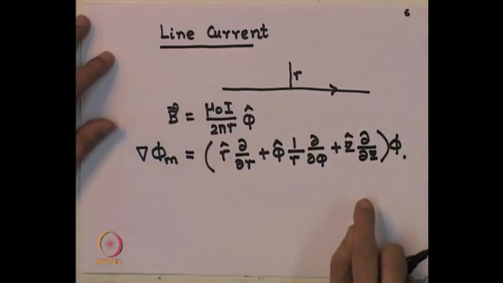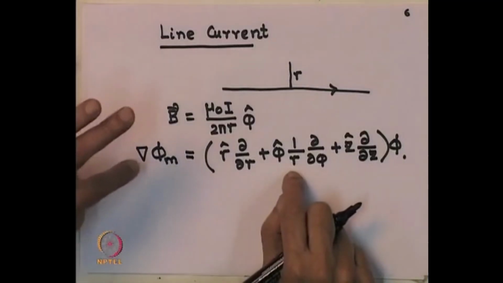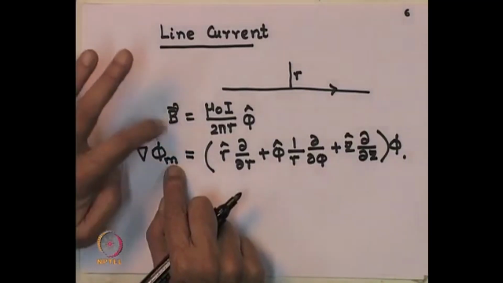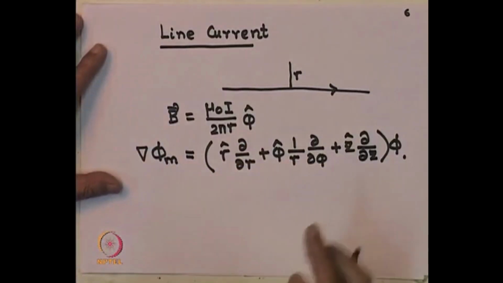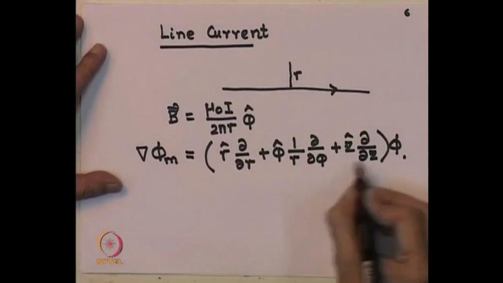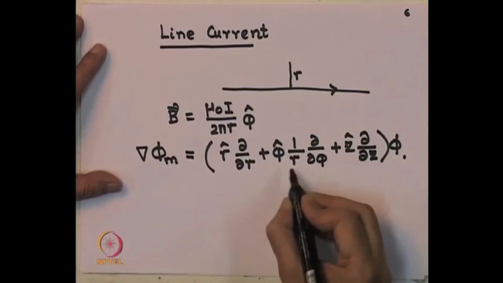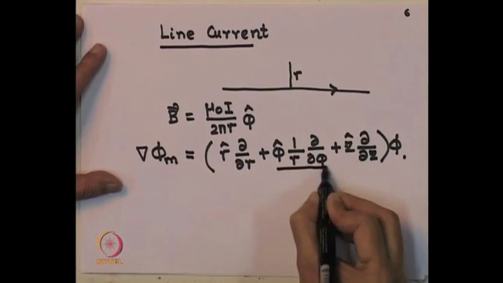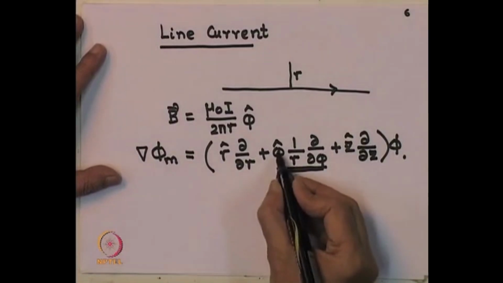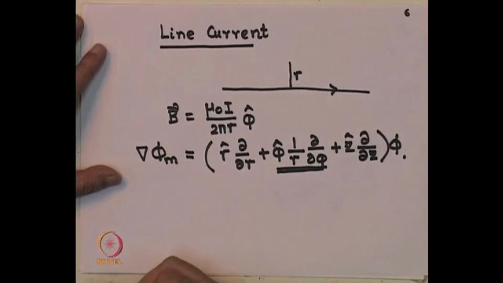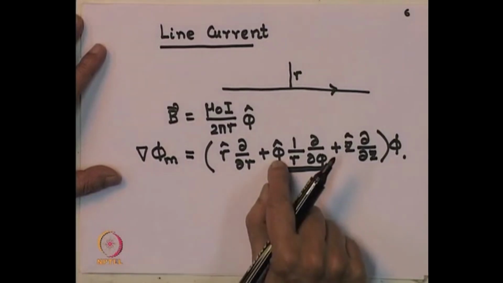Since the gradient of phi is B and B is only in the direction phi, I do not have to worry about the dependence of phi on r and z. I only need the dependence on phi, because that is the only term which gives me a term proportional to the unit vector phi.